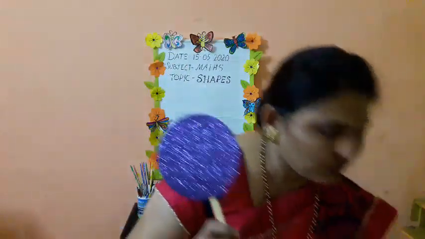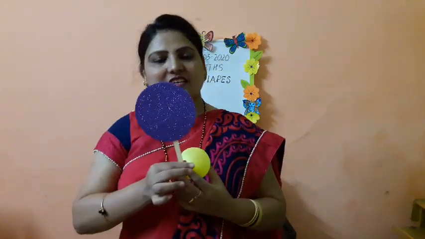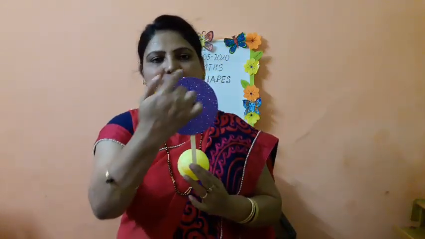Yes, I have shown you, circle. Say circle. With this circle I will show you an object like a circle. What is this? Ball. Same. Circle is round in shape, and the ball is also round in shape.